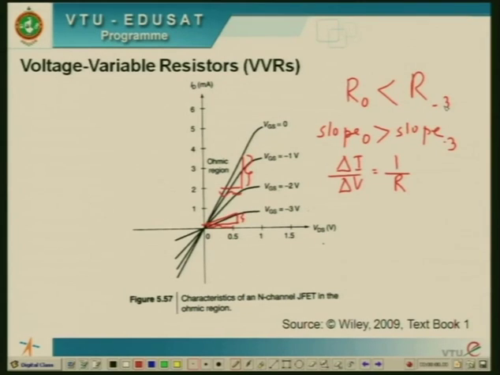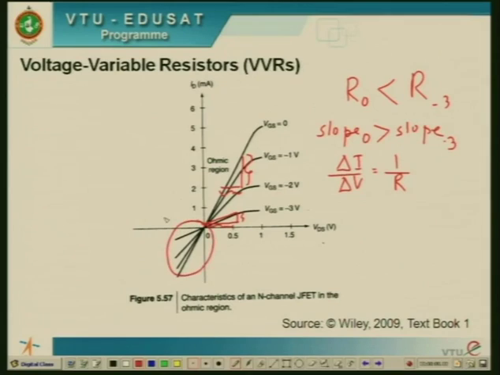The slope is larger, but since resistance is the inverse of the slope, the resistance is going to be lesser. So just by varying the value of VGS, we can get different values of resistors, and hence we can call this JFET a voltage variable resistor.